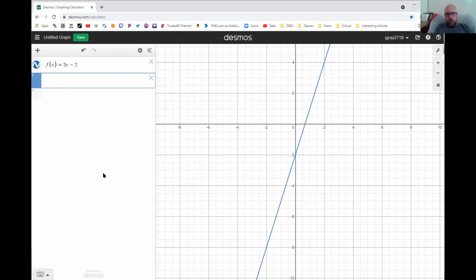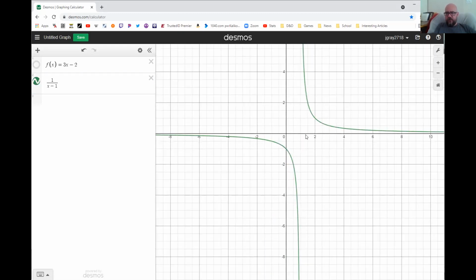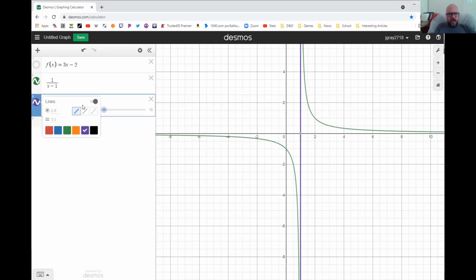The next one I did was 1 over x minus 1. And you might notice that this has a gap, right? And it's very specifically this gap, x equals 1, right? So let's go look at this guy. I think we want to make this maybe 0.5.